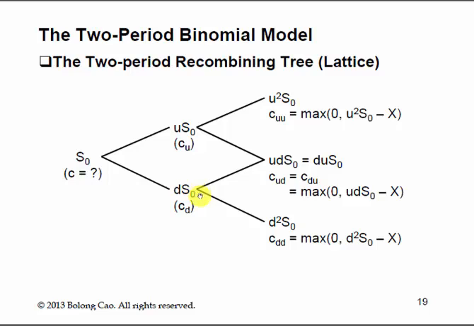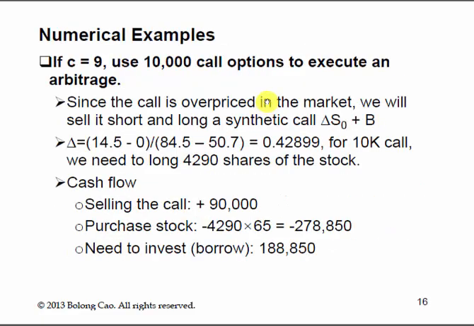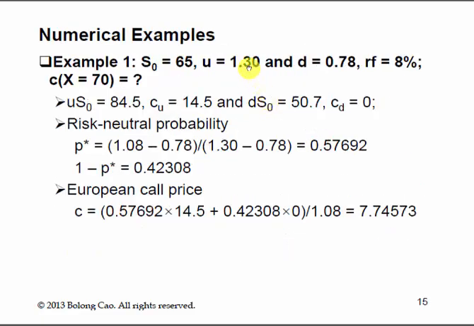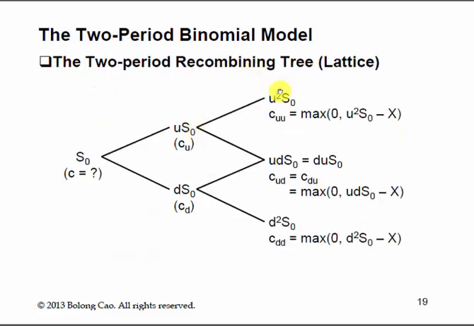Okay, how about two periods? We can look at an underlying, not just for one period, but for two periods. And what we will not change is the upstate and downstate proportions. So what we are thinking is this: if you go up from 65, go up once, and then go up twice, the second time will be 1.3 squared.